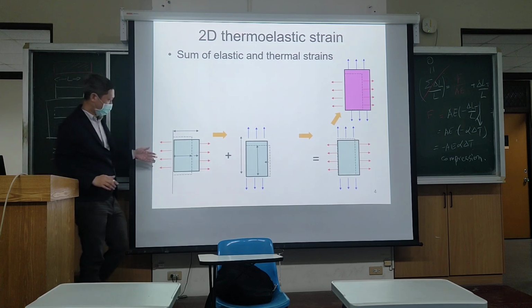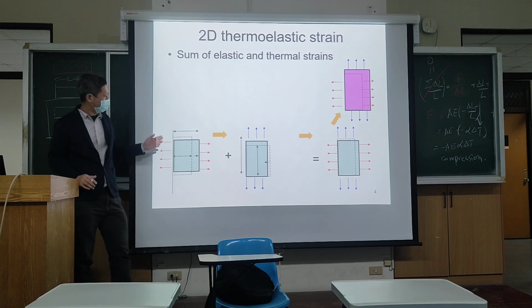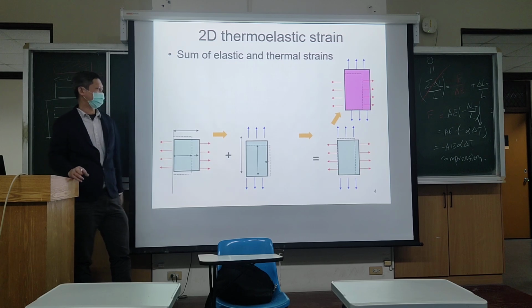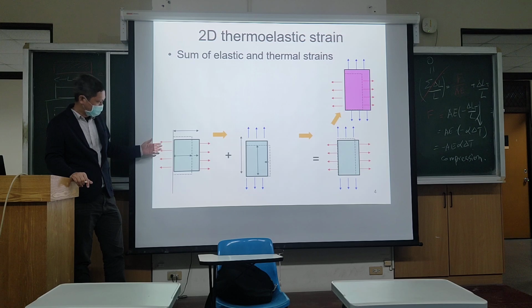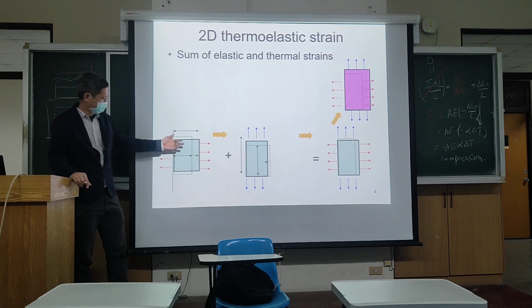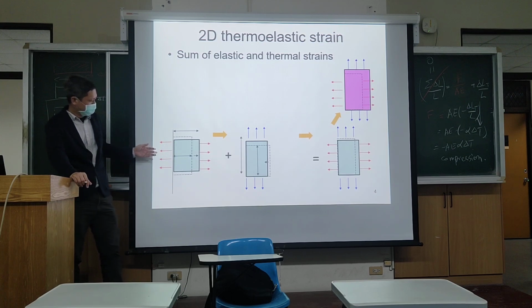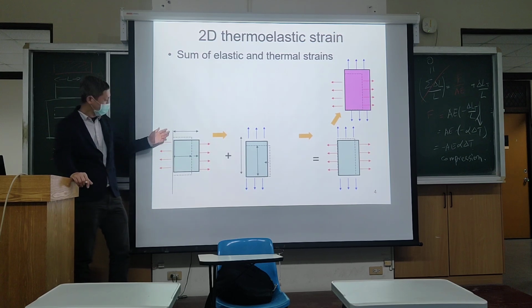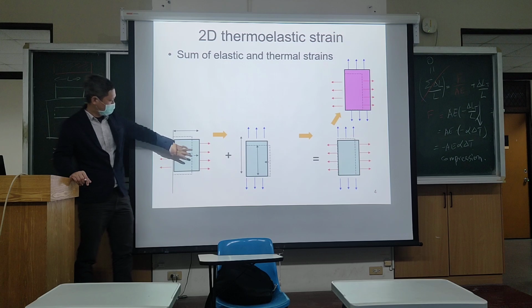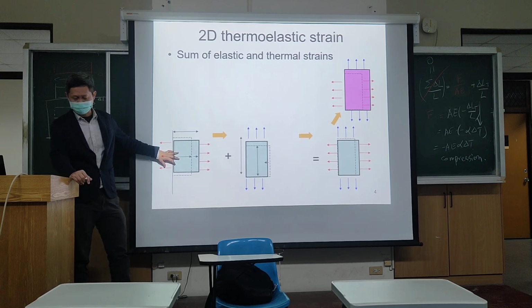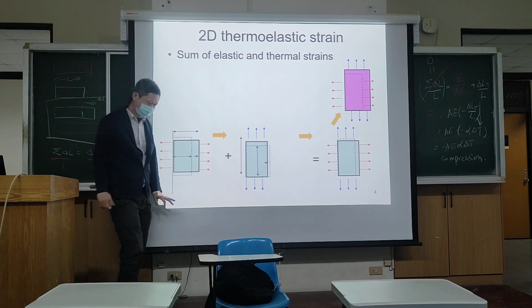Okay, now we're going to extend what we learned about 1D rod into 2D situation. So we learned about the 2D elastic situation. When you have a 2D plate subjected to stress in the x direction, it's going to cause the elongation in the x direction, but it's going to cause the contraction in the y direction.